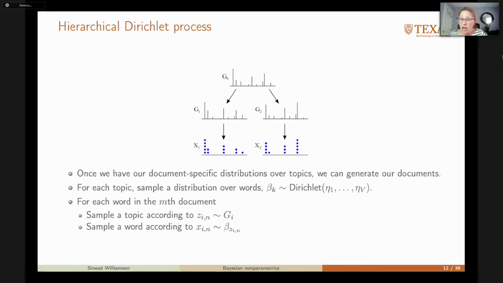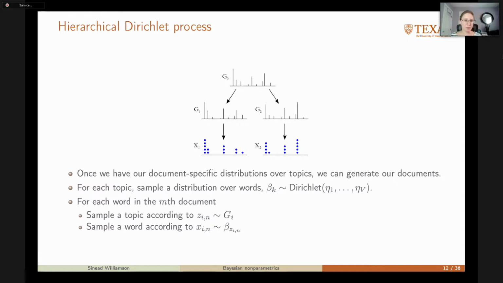And then we can generate our documents exactly as we did for LDA. So each of these infinitely many topics is associated with a distribution over words. Each document is associated with a distribution over topics, infinite dimensional.